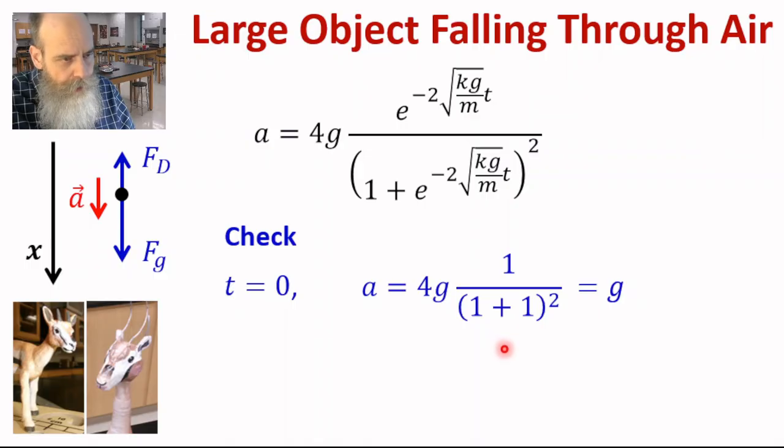So a equals g. Now when t goes to infinity, these exponential functions become e to the negative infinity, which is 0. So we have 0 over 1 plus 0 squared, which is 0. So a equals 0. As expected, after a long time, the velocity is constant. The velocity is the terminal velocity, so unchanging velocity means acceleration is 0. This solution makes sense.